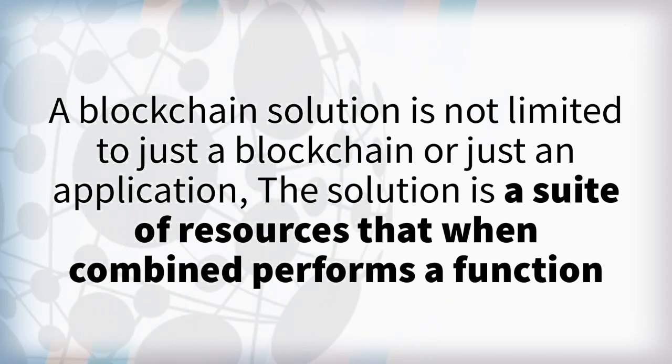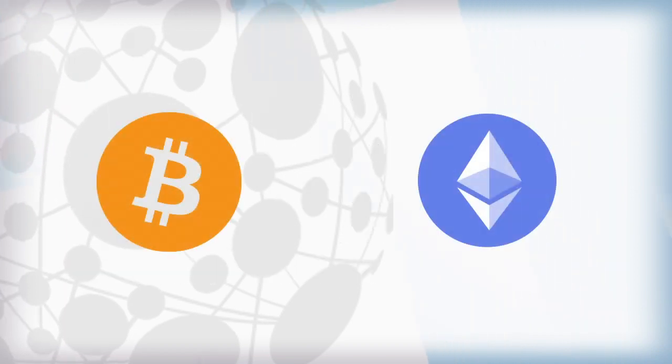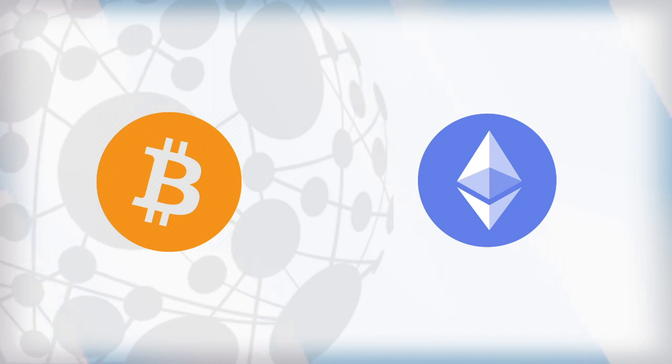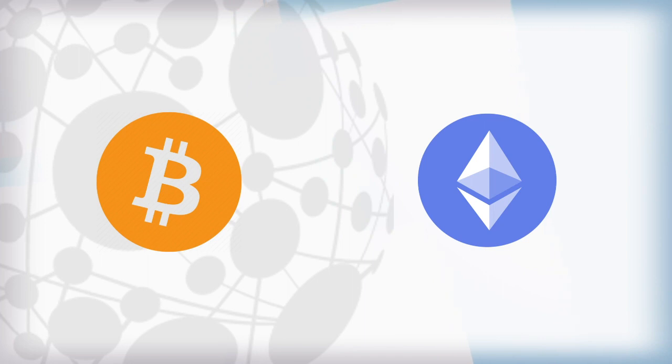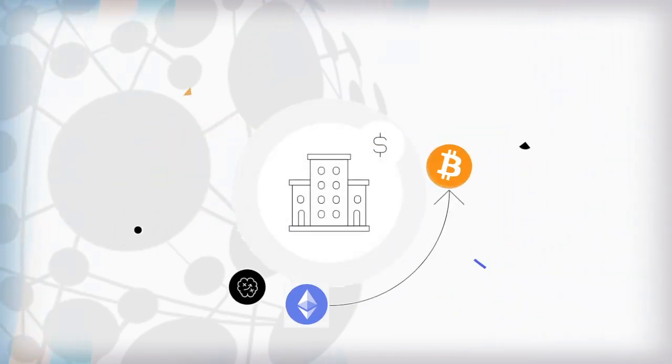Let me give you a couple examples to differentiate between a blockchain and a blockchain solution. Blockchains would be like Bitcoin or Ethereum. They're also a solution for a payment system. The Bitcoin and Ethereum tokens can be used for payments. However, if you're looking for a solution to exchange tokens between blockchains, they're not adequate. So you'll need additional functionality in addition to the blockchain.